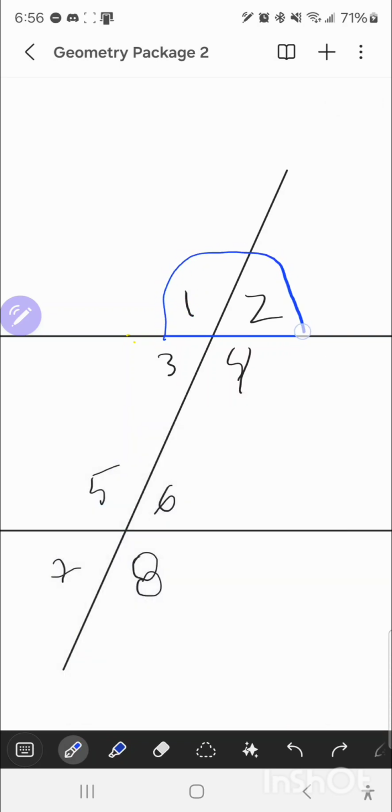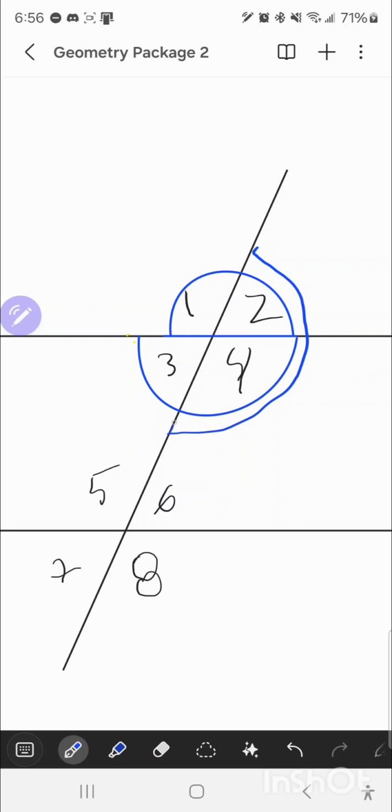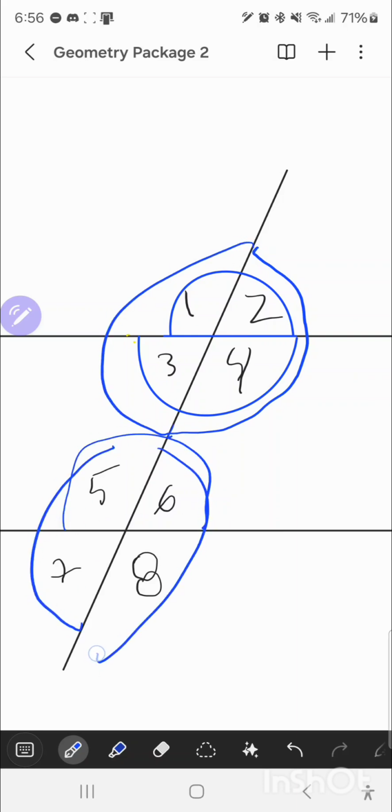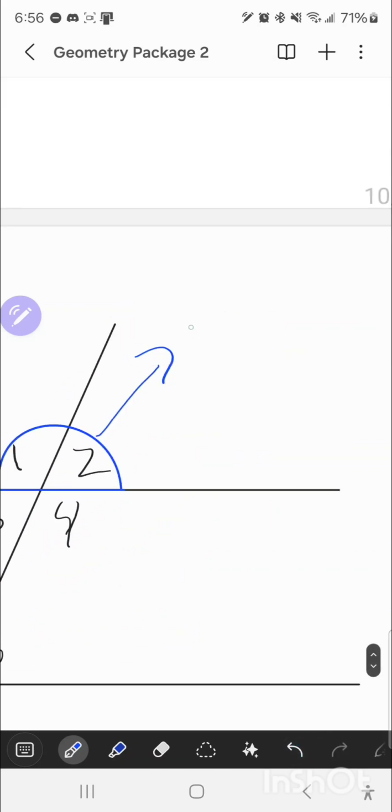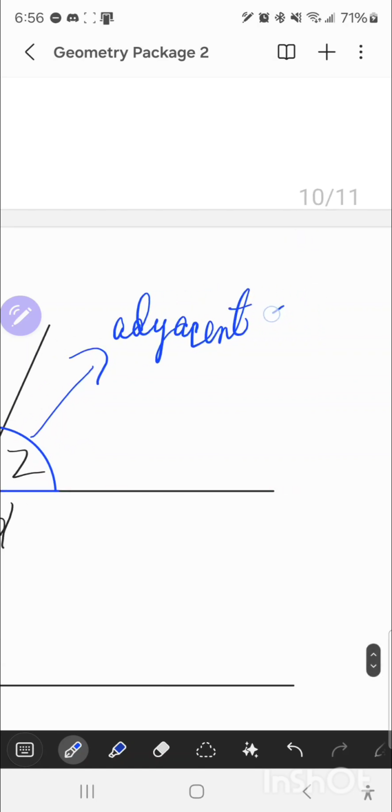This one is a radius. This is a semicircle. You can see here, every time you see a semicircle, it's going to be the same. So from here to here as well, and from here to here, and here, here, here, here, and here. So all semicircles, they're all adjacent angles. Adjacent, if you don't know, just means next to each other.